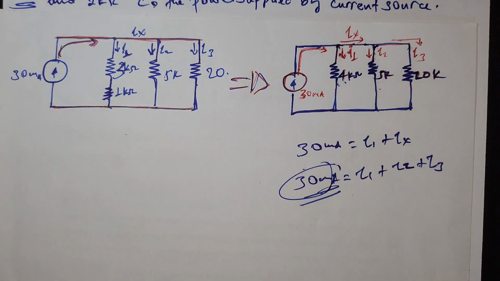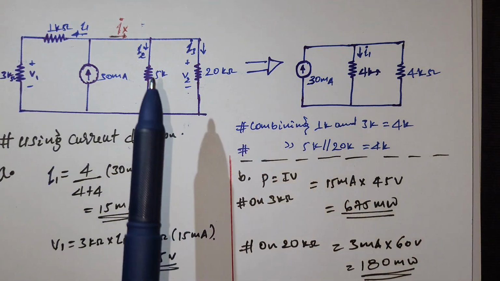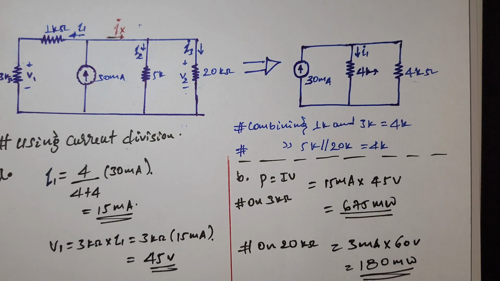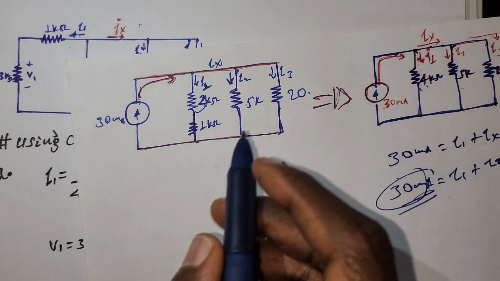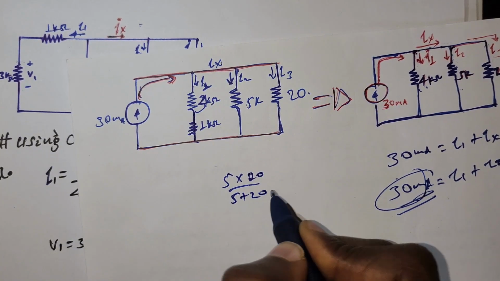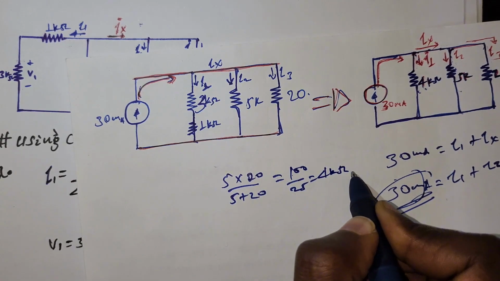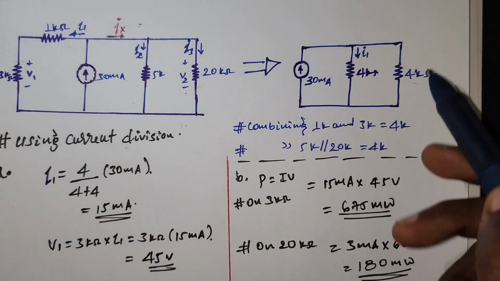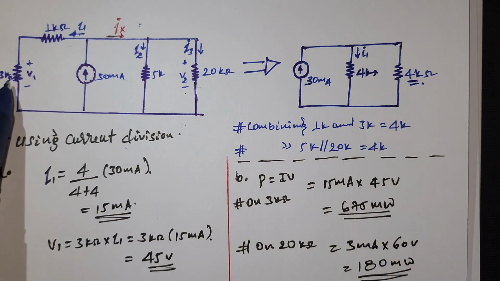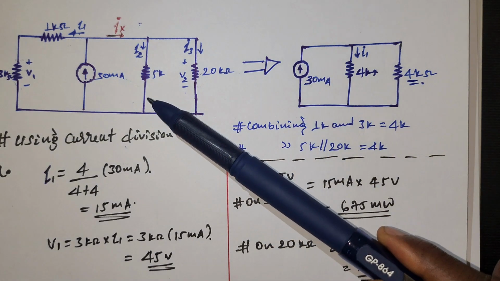The 5K and the 20K ohm have an equivalent of 5 times 20 over 5 plus 20, which is equal to 100 over 25, 4K ohm. This 4K is the summation of the two series resistors. So now we have simplified this circuit into this one.